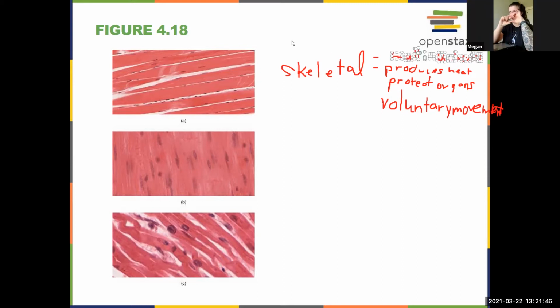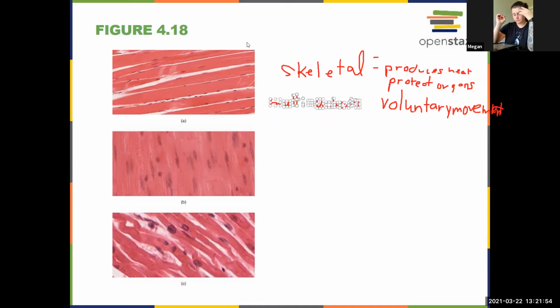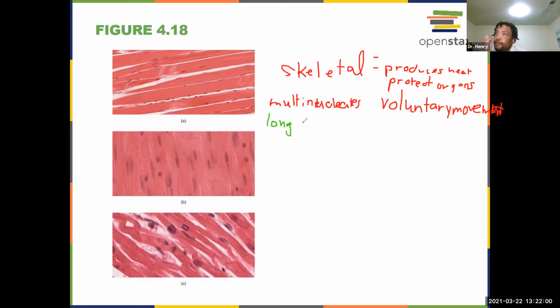Like how it looks? How it looks, yeah. It's long compared to the other ones, which look shorter. Okay, so they're long. Multinucleated, long. Let's say long fibers. Anything else?